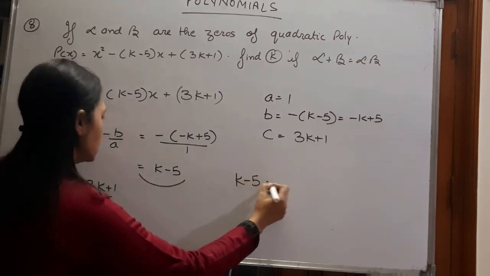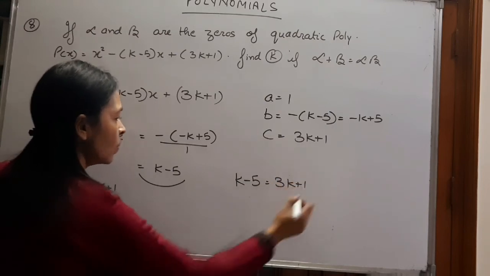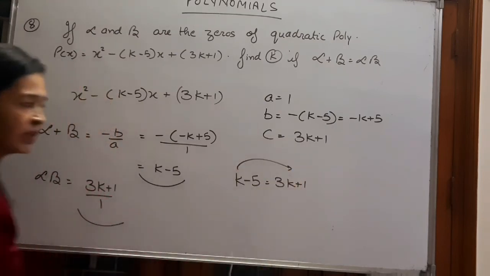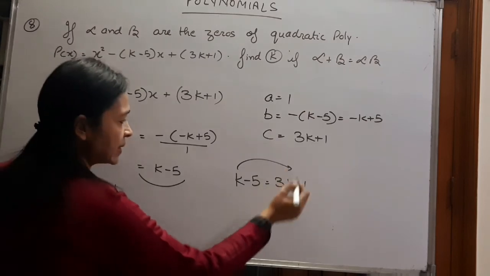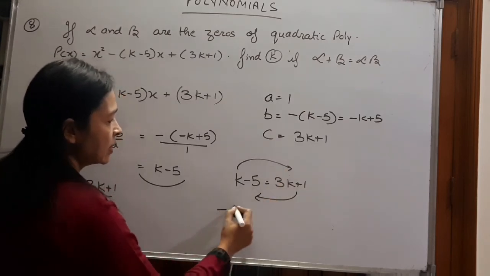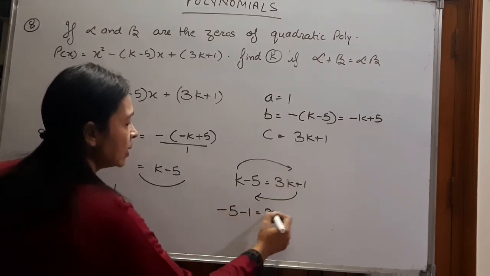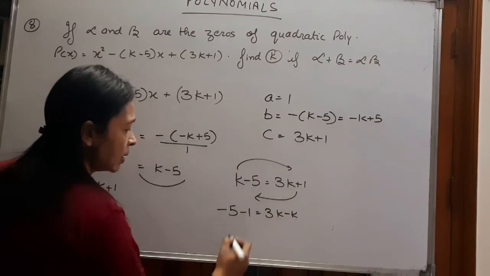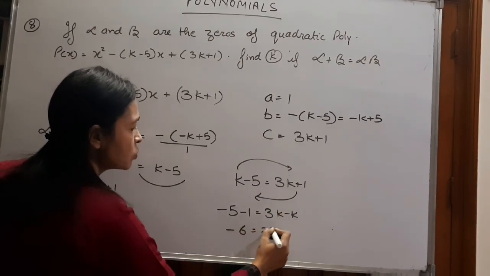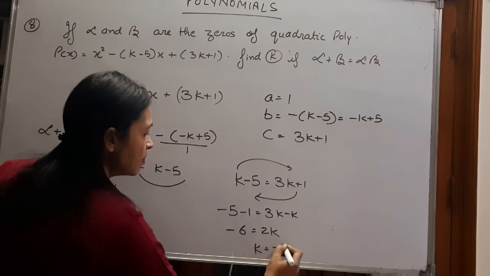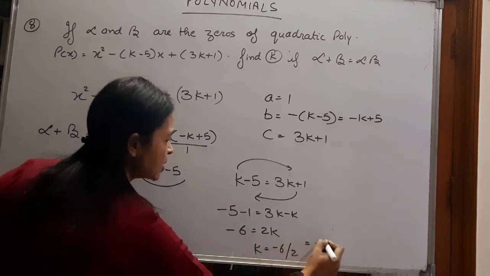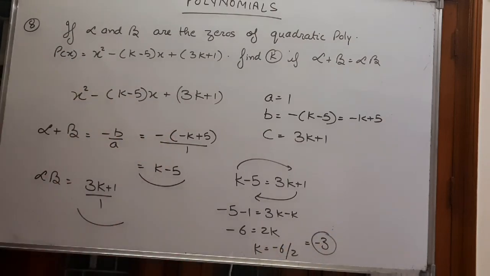So, we have k minus 5 equals 3k plus 1. k on the left hand side and 1 on the right hand side. Minus 5 minus 1 equals 3k minus k. We have minus 6 equals 2k and k is minus 6 by 2, that is minus 3.